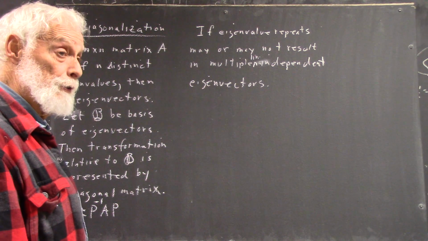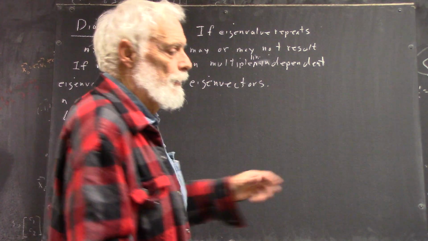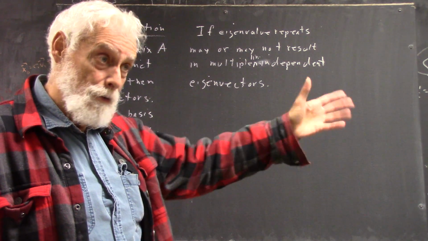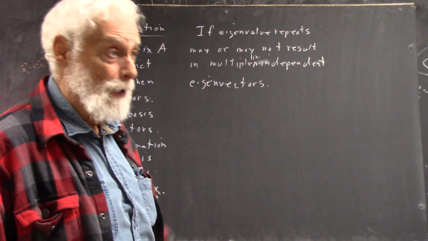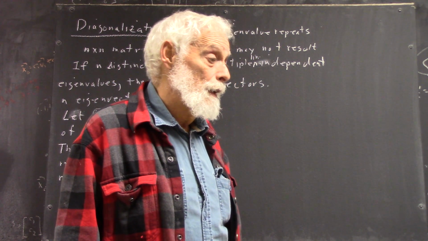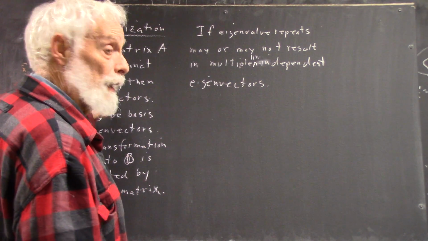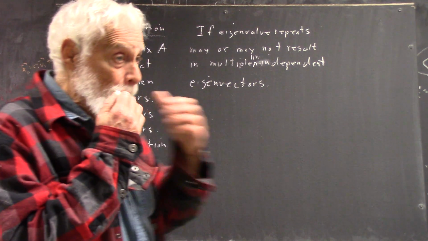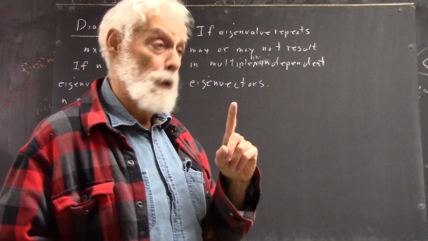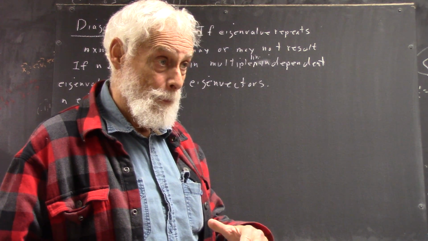Now, does that halfway make sense? You know, when you plug your lambda into the simultaneous equations that you get out of the A minus lambda I matrix, okay? If you have distinct eigenvalues, then every lambda that you plug in is going to reduce those equations to one. They're all going to be multiples of each other, okay?